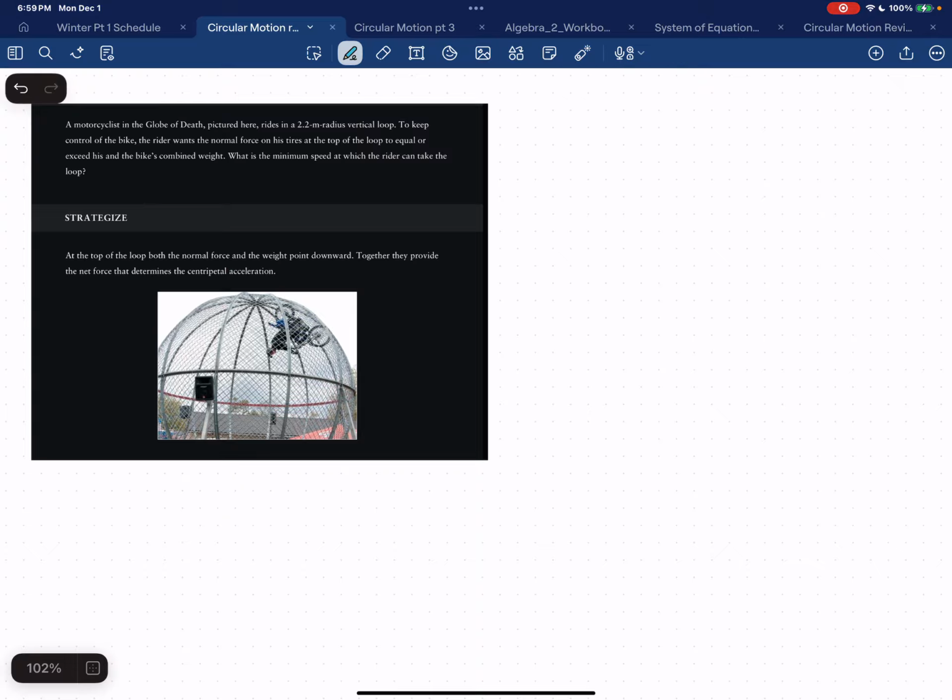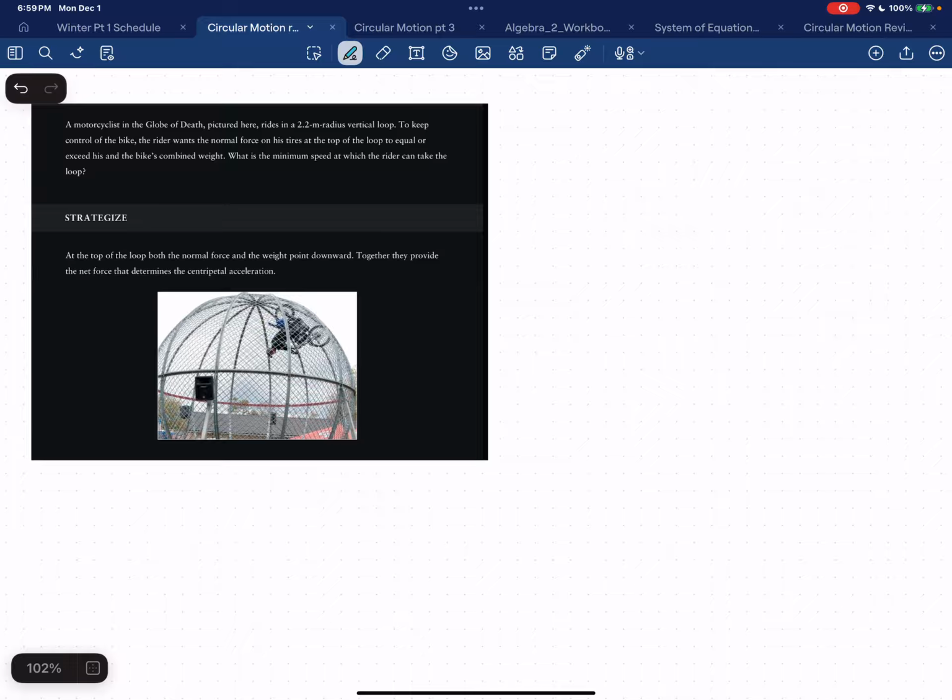What's the minimum speed the rider can take the loop? Well, this is the same question that we just solved. We got the principle right.